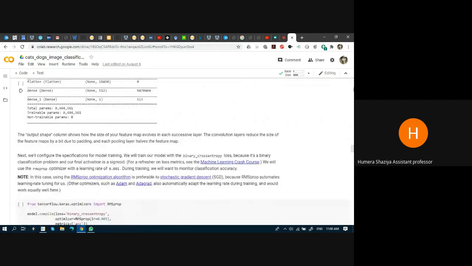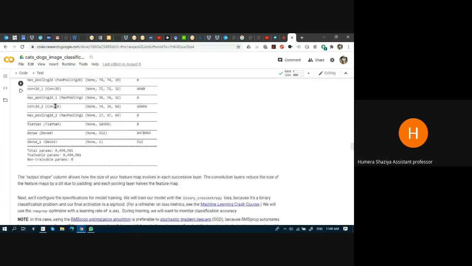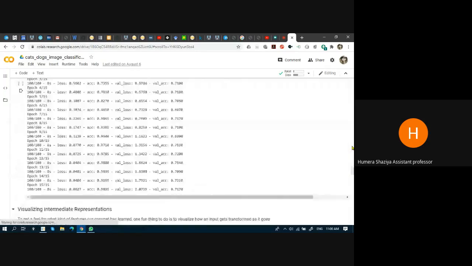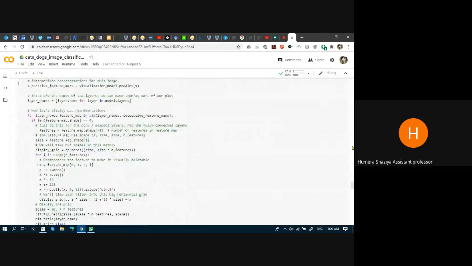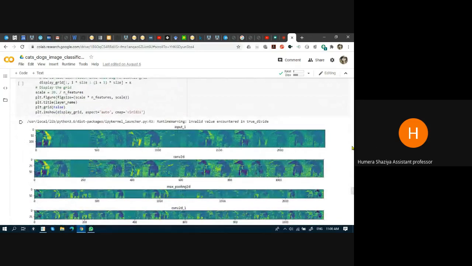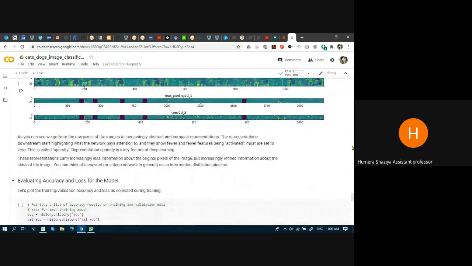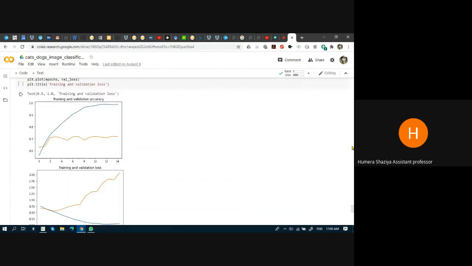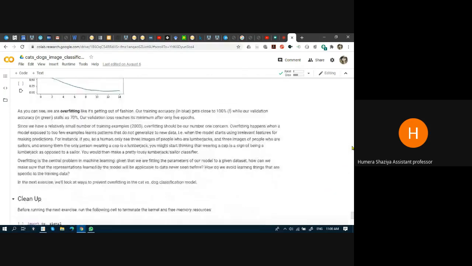Actually it is a deep learning model because we have convolutional neural networks here. Then we process the data, and we find out whether a particular image is a cat image or a dog image by testing.